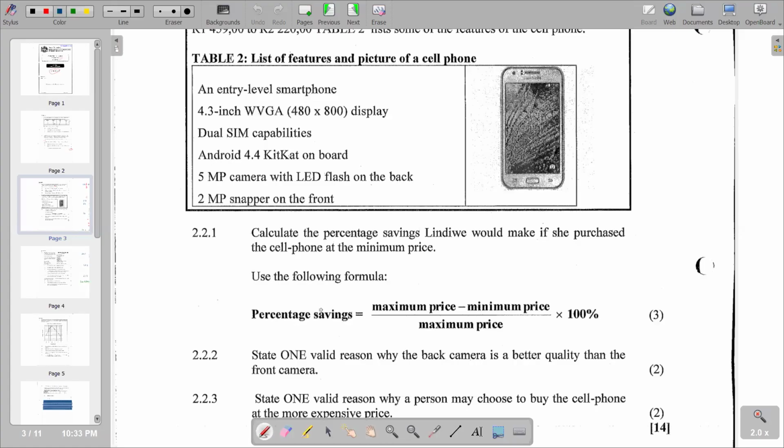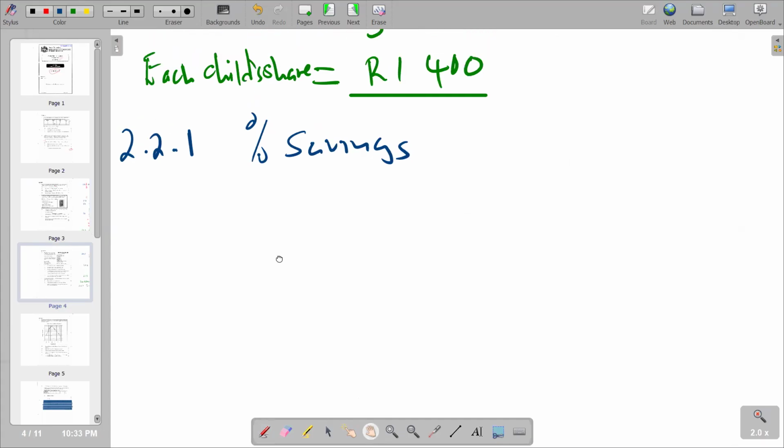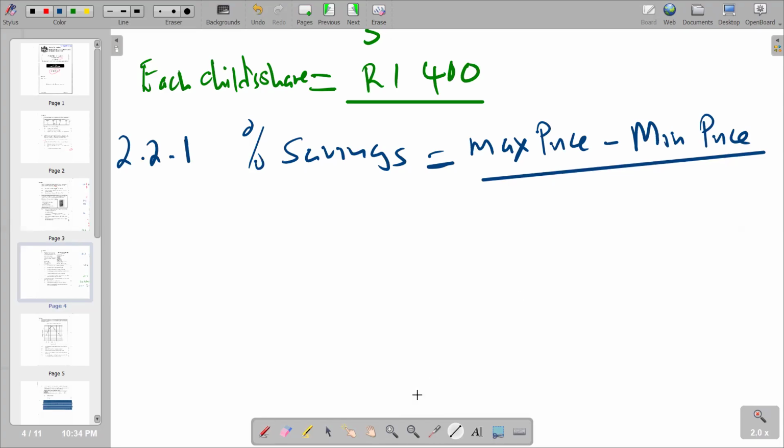Let's take note of the formula, over maximum price times 100%. So basically, whereby we are saying a percentage savings on price, right? You're going to divide by the maximum price.